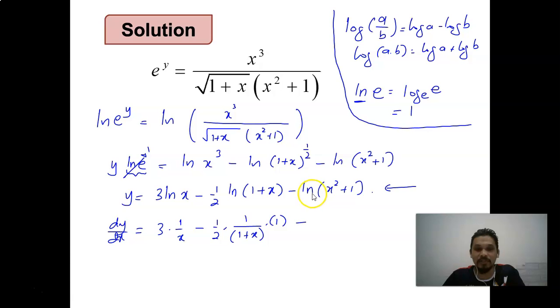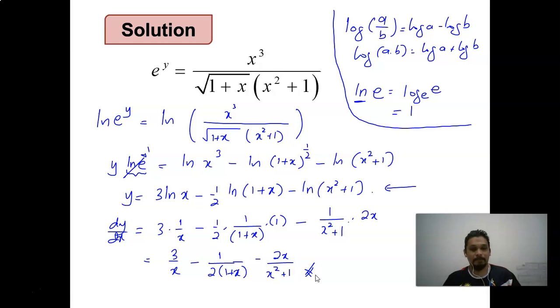Minus the derivative of ln of x squared plus 1, which is 1 over x squared plus 1, and don't forget to differentiate x squared plus 1, which gives you 2x. So we come out with 3 over x minus 1 over 2 times (1 plus x), minus 2x divided by x squared plus 1. That's it.